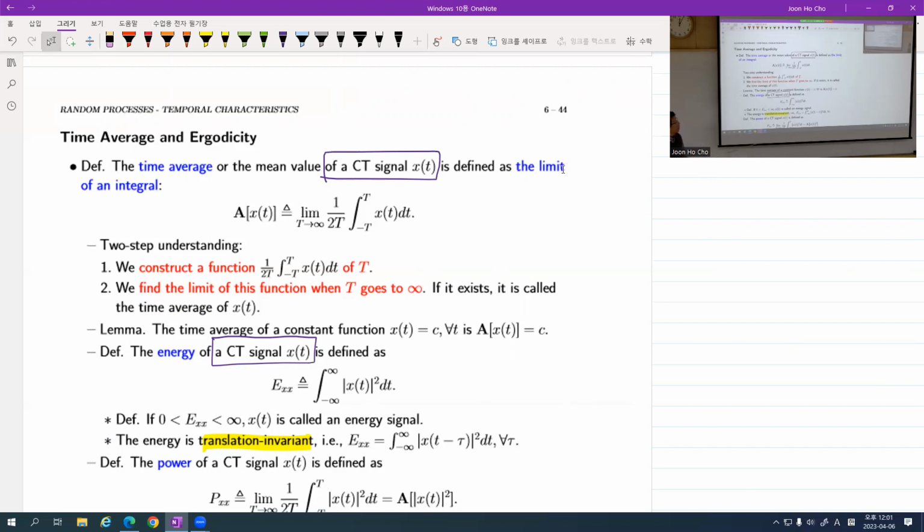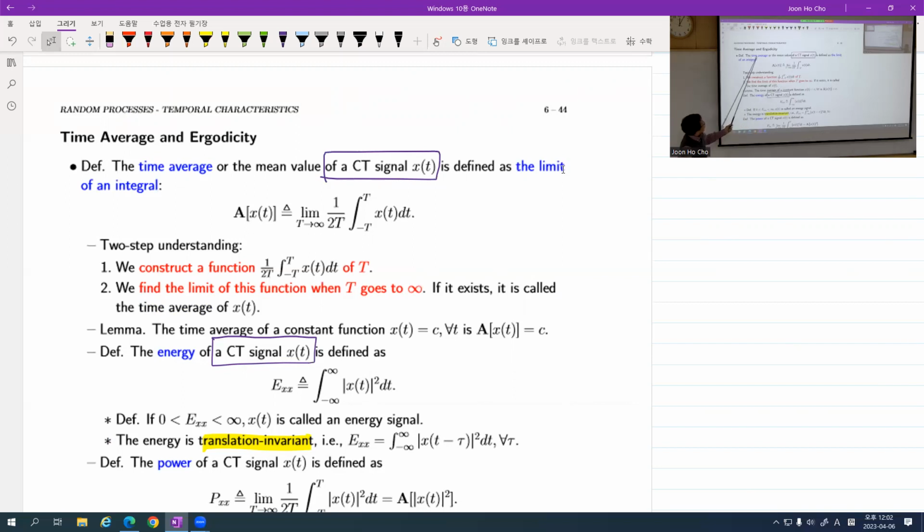Got it? Now, first, we need to define the time average over a signal, not a random process, because that is easier.